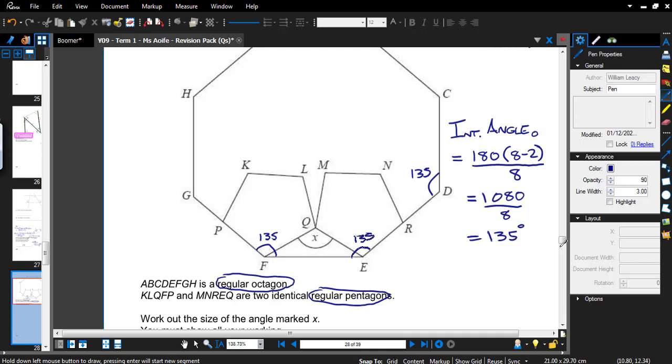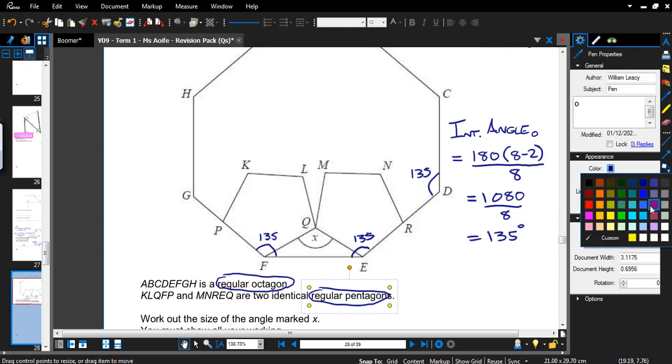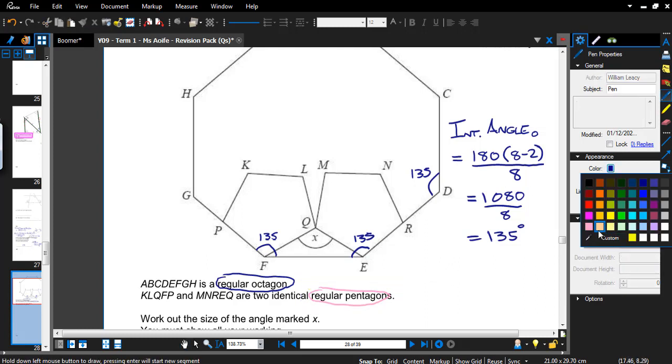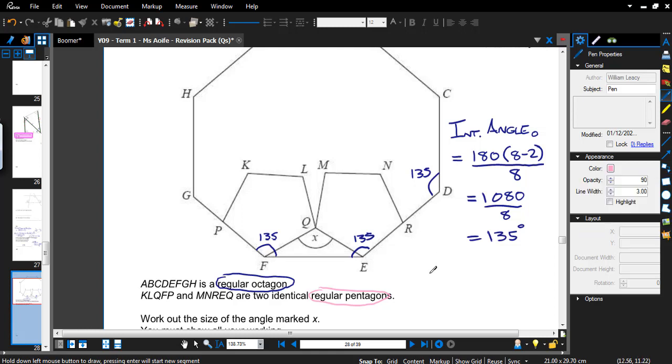Alright, now let's get the pentagons. I'll try this kind of peach color. Alright, so let's go for the pentagons. We're going to do the same thing. So int angle, with subscript P for pentagon, just so I know.